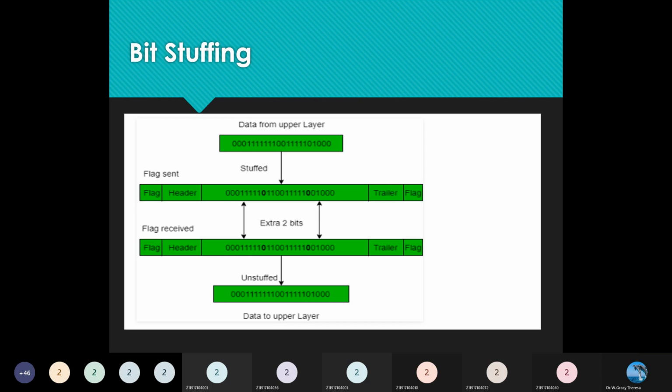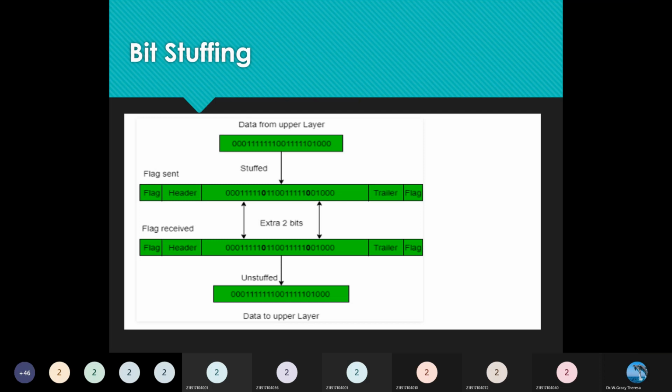And then it is followed by the next data to be transmitted. This is the indication that this particular bit string, a 0 followed by 1s and ended with a 0, is not the end or start of a frame, but is the information that is to be sent. To give that information, we go for this bit stuffing.